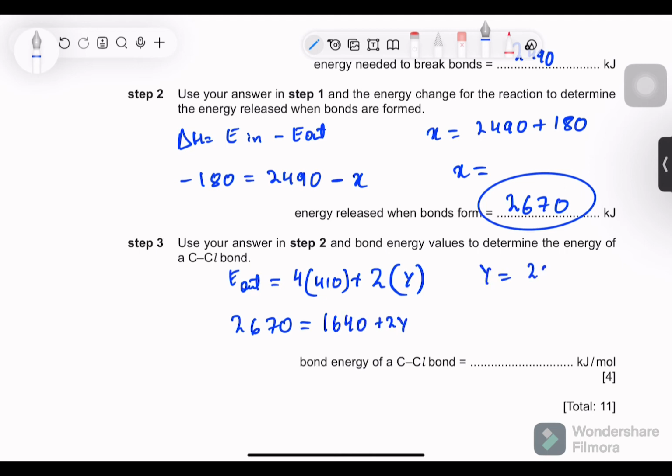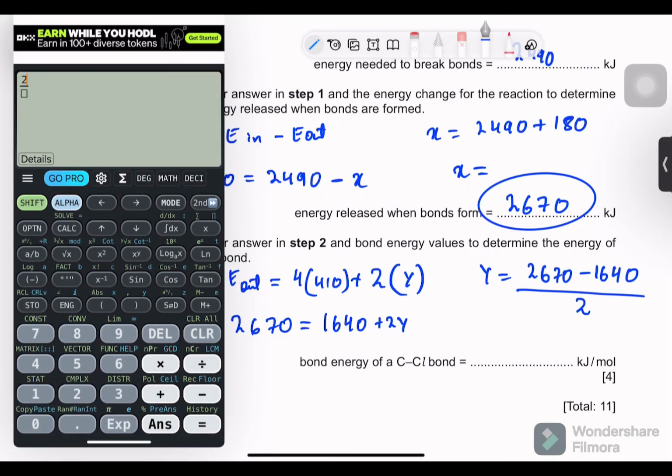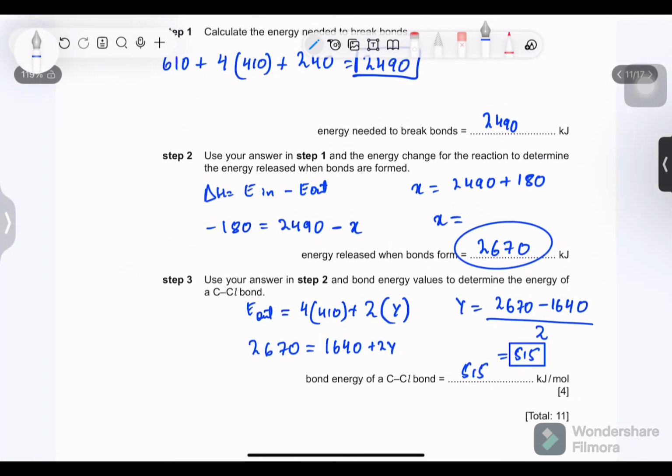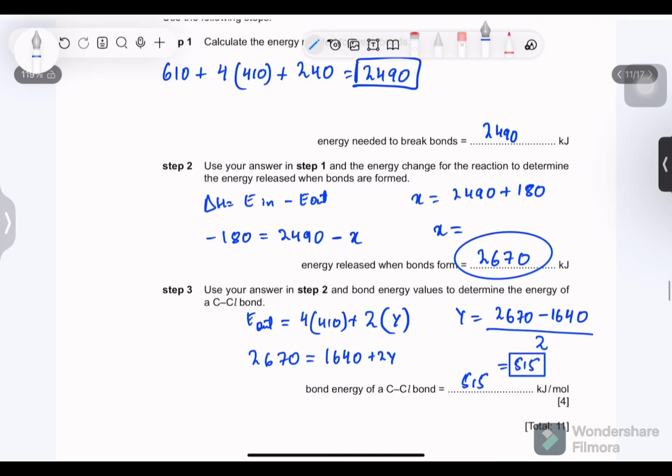Y will be 2670 minus 1640 over 2. So 2670 minus 1640 over 2 will be 515, which will be our final answer, the bond energy of a carbon chlorine bond. So let's just give it another look.